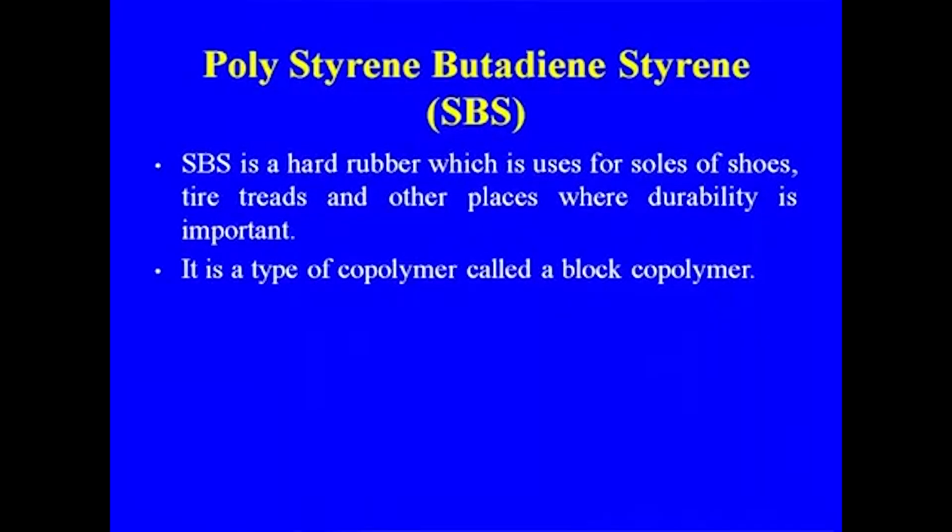Now, with the coming of synthetic rubber and urethane rubber especially, the durability is much longer, whereas earlier we used to have cracking. So this is another advantage of synthetic rubber. It is a type of copolymer called a block copolymer.